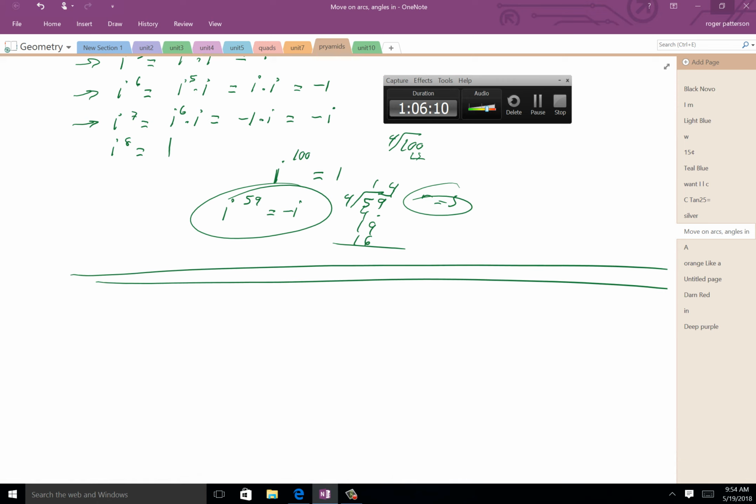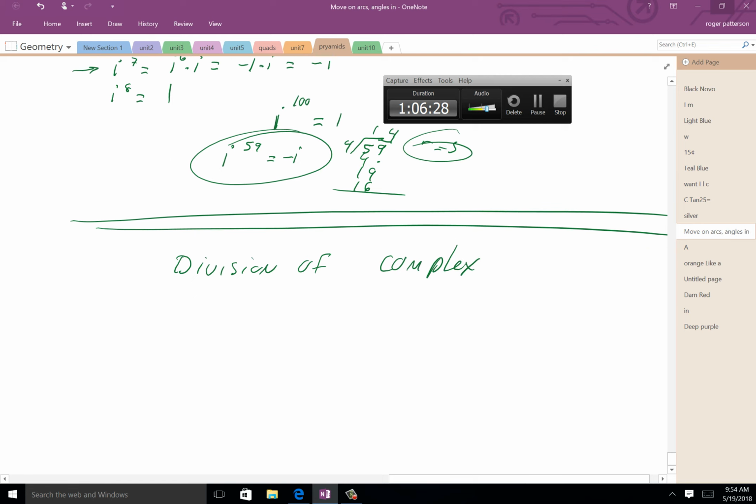The last thing is division. The last operation we have is division. Let's take a look at that. So, here is a division problem. Very similar to the radicals, we need to multiply the bottom and the top by something so the i's go away, because the i's are radicals.